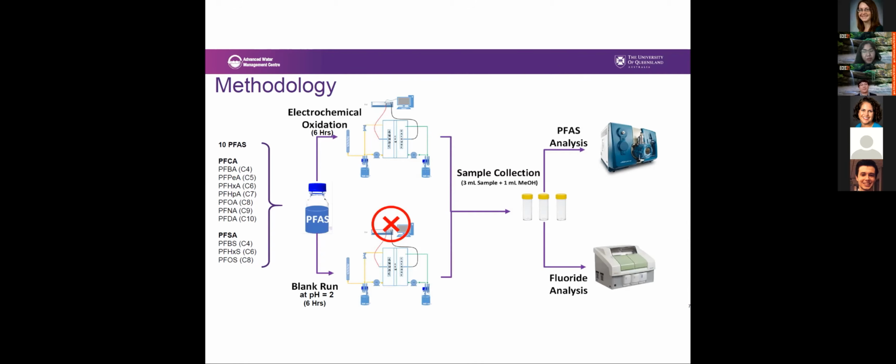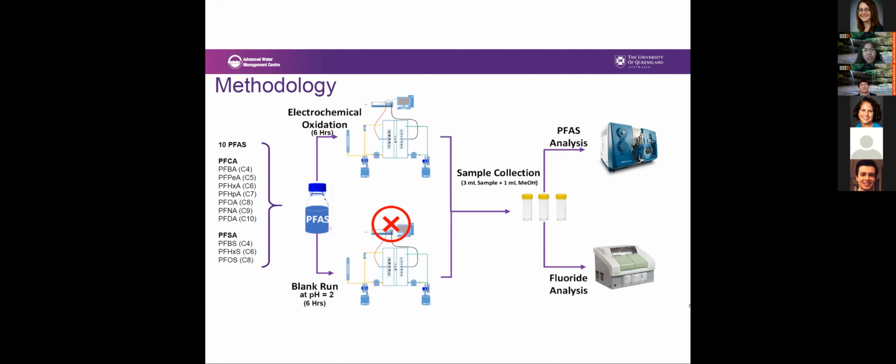We then did a parallel run, which we call the blank run, at pH 2. This was done similar to the EO, except that there's no electricity. We did this to see how much of the PFAS is being adsorbed in the system.